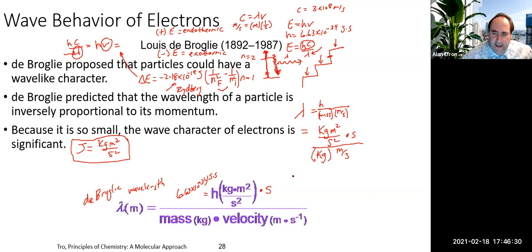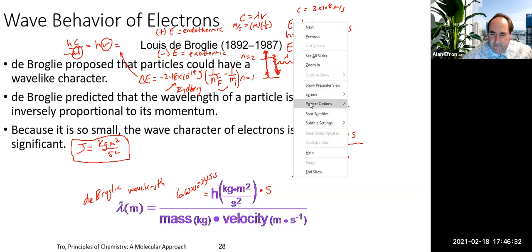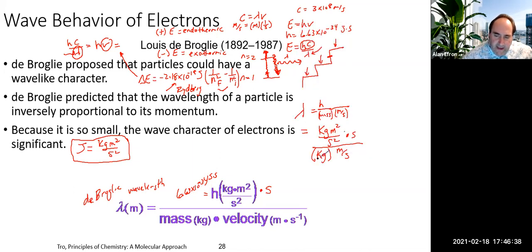So what ends up happening, if we look at all the units and what is canceling out, is that because we have our mass in kilograms, they cancel. One second here cancels one here. The second one cancels the second one. And one meter cancels one meter, which means when it's all said and done, we will be left with the units of meters in this particular case.